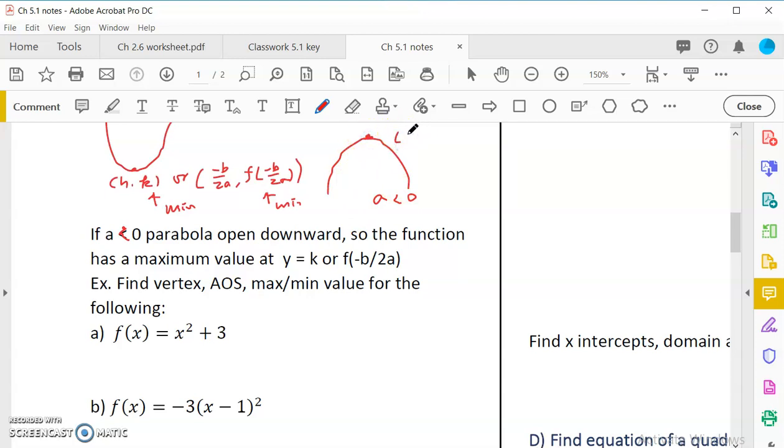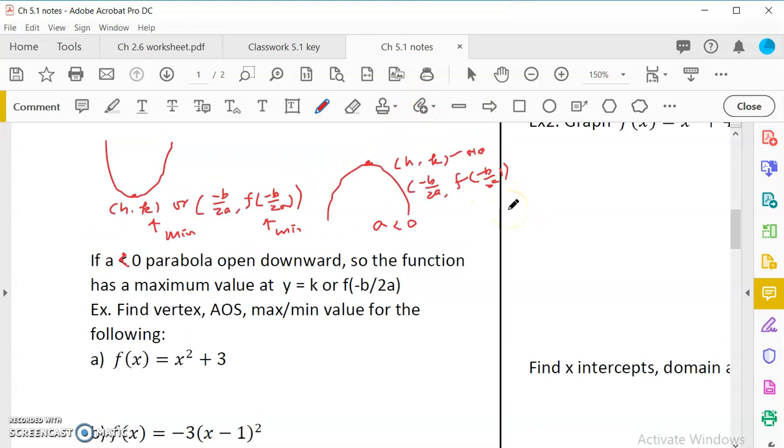So you would say this is (h, k), or the same thing, negative b over 2a, f of negative b over 2a. The k value is the highest in the whole curve, so we call it the maximum. So it is important that you sketch the parabola to see if it's up or down, to find out if you have a maximum or a minimum point.